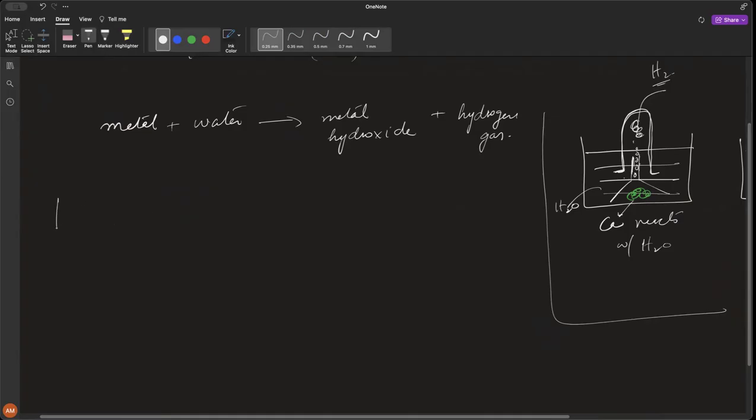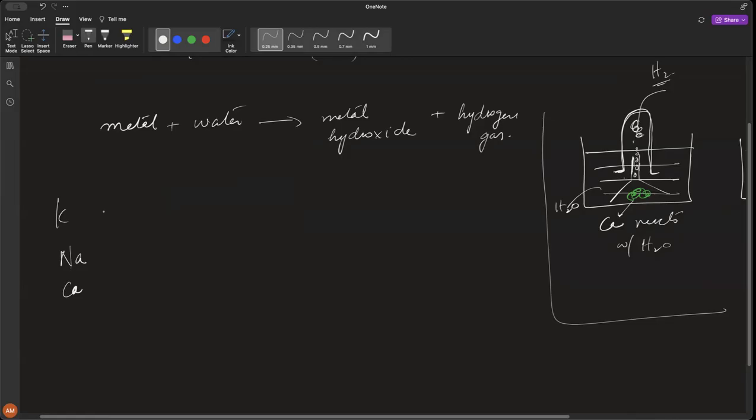So let's talk about the first one, potassium. You have to keep this set in mind. I'm going to summarize them for now, and then we will go into detail. Potassium, sodium, and calcium is the first set.